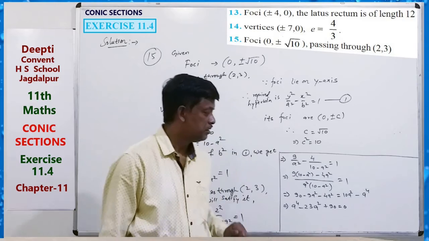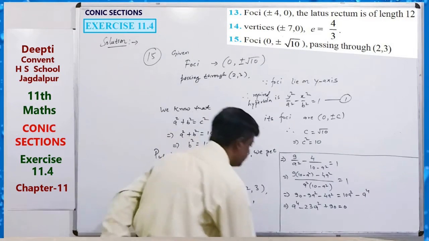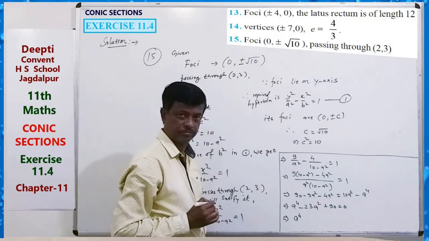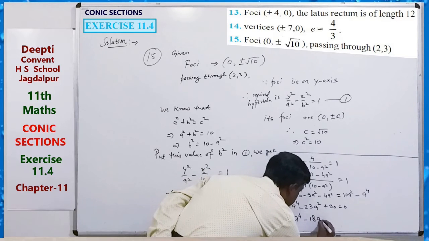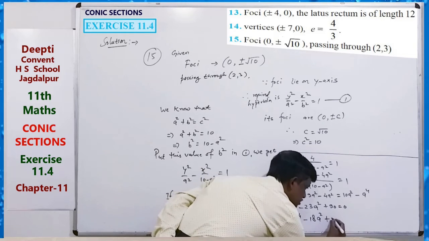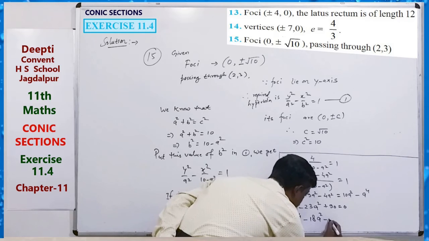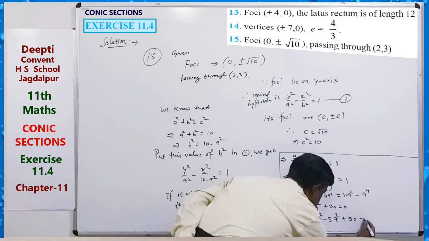Now we can break it, 18 and 5. So a power 4 minus 18 a square, since we require plus, so minus 5 a square plus 90 equals 0.